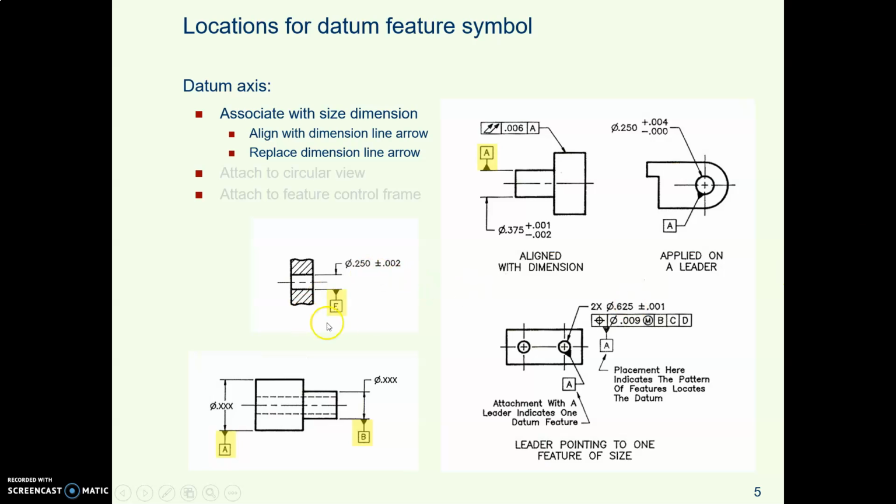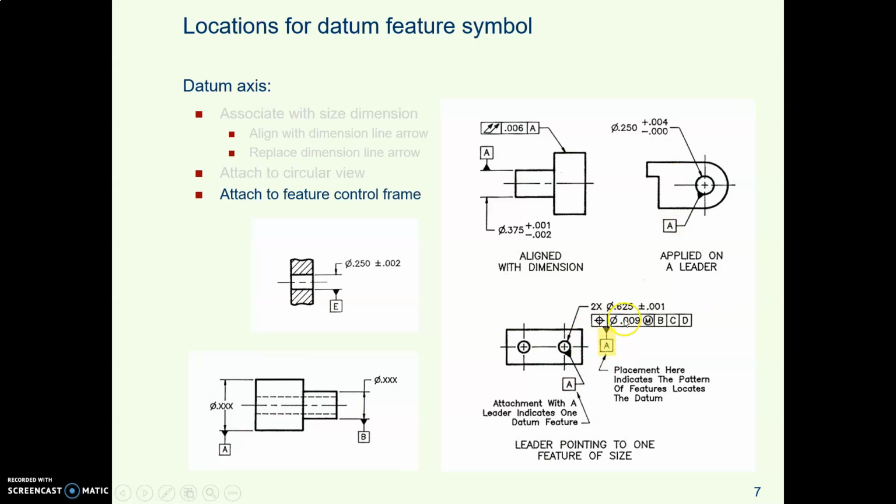When you put these datum identifiers on, if you put them opposite a size dimension, that means it's the feature of size axis or center plane that is the datum. You can also attach them to the hole or the circle, and that means the center axis.